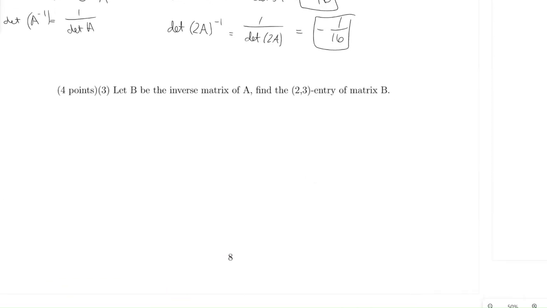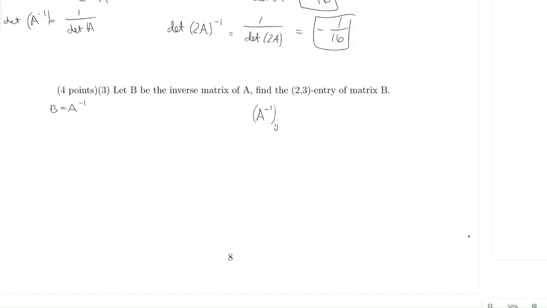Okay, so then in our final problem we're trying to find the 2, 3 entry of matrix B, where B is the inverse of A. So recall that from Cramer's rule, you can figure out that the inverse matrix, which is shown here, is just A inverse.